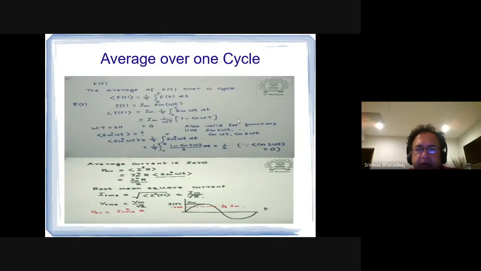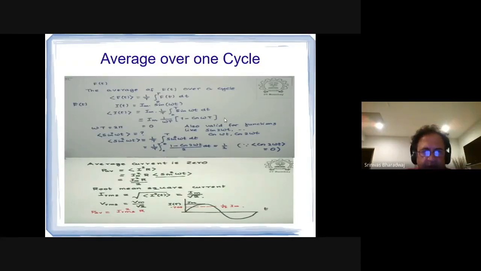Cos 0 is 1, and at period T it is minus cos omega T, and the 1 by T is what produces the other T. So Im by omega T times 1 minus cos omega T. Okay, and so what is the average over one cycle?